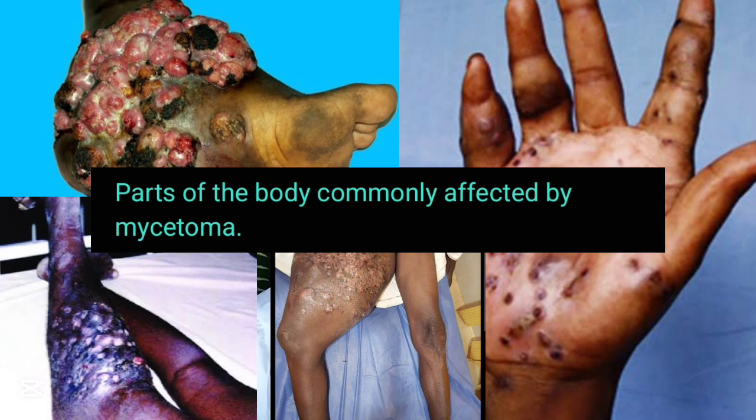The parts of the body that are commonly affected by mycetoma include the feet, and majority of the time the infection starts on the dorsal aspect, that is the top aspect of the foot. The second common site affected by mycetoma is the hand, although other extremities can be affected, for example the legs, the thighs, and the wrist.